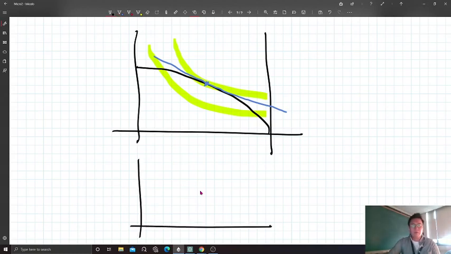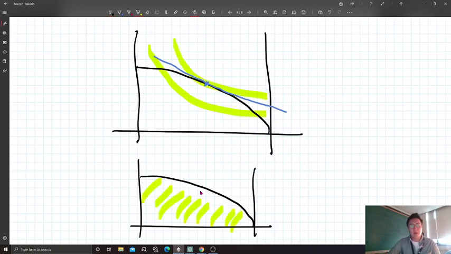Then, given this technology, which allocation? The feasible bundle is this shaded region and this production frontier.